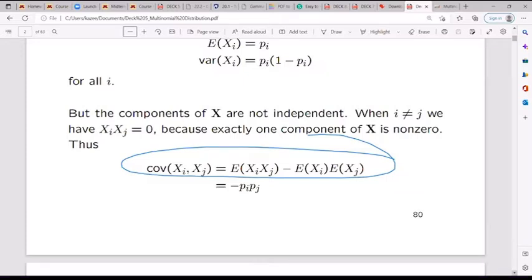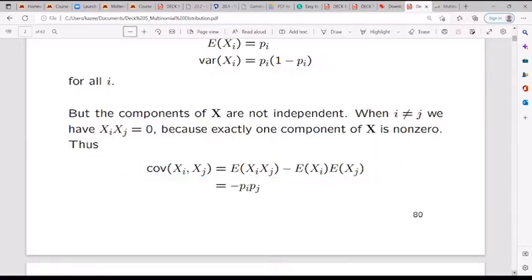And in a situation where xi times xj equals 0, what are we trying to say? We are basically saying the covariance will be nonzero where they are not independent. Where xi and xj are independent, you expect the covariance to be equal to 0.